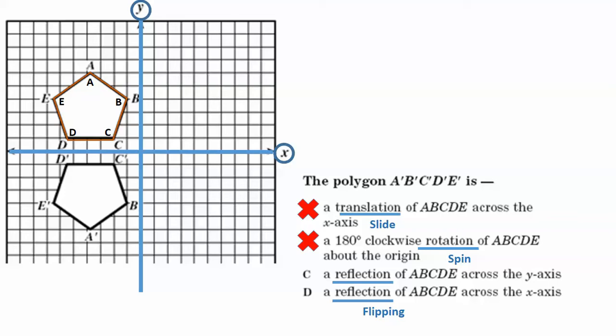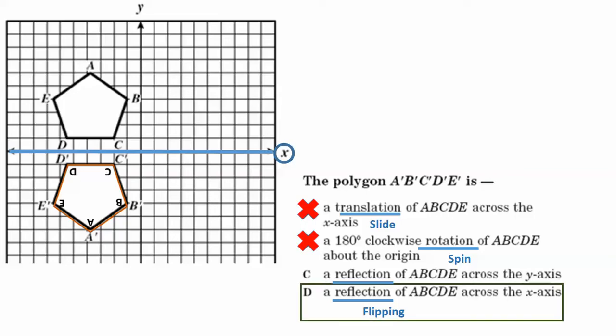Because my figure is below it across the x-axis, I'm pretty sure that's where my reflection will be. But let's check. So I'll reflect my shape, and it matches perfectly when it goes across the x-axis. So my solution is that preimage A, B, C, D, E gets reflected across the x-axis.